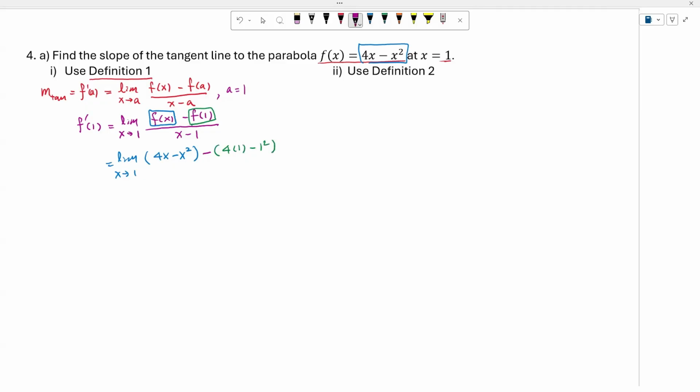And then we have everything over x minus 1. Okay. And now we are going to take the limit as x goes to 1 of 4x minus x squared and then minus 3.